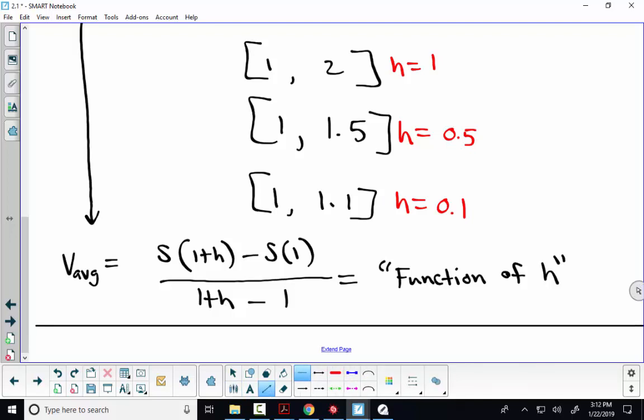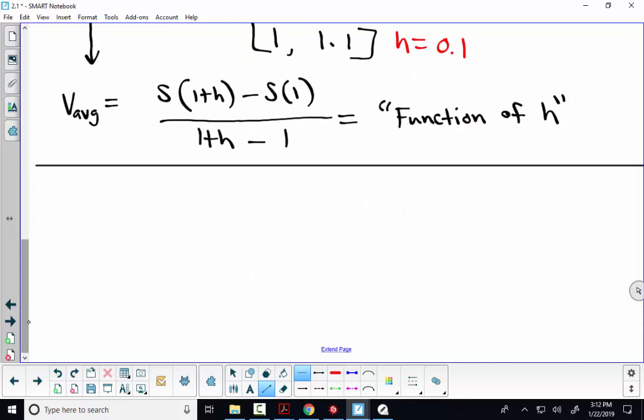So it's a more generic way to look at it, which is often helpful, especially when we start looking at the definition of a derivative. How do we actually define the slope of the tangent line? So just, again, I just want to solidify this.